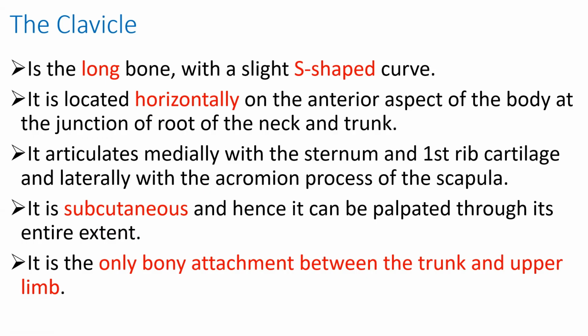Now, the clavicle is a long bone with a slight S-shaped curve. Most of the people know it as an S-shaped bone. It is located horizontally on the anterior aspect of the body, that is the front part of the body, at the junction of the root of the neck and the trunk, and it articulates medially with the sternum.